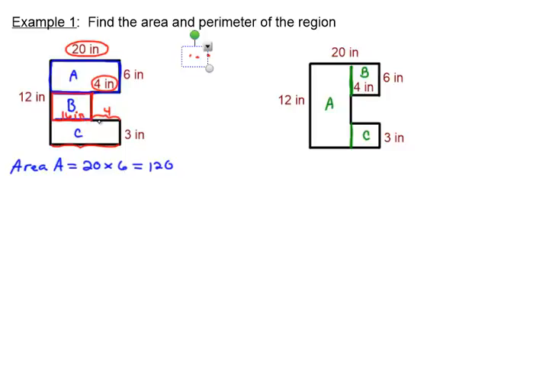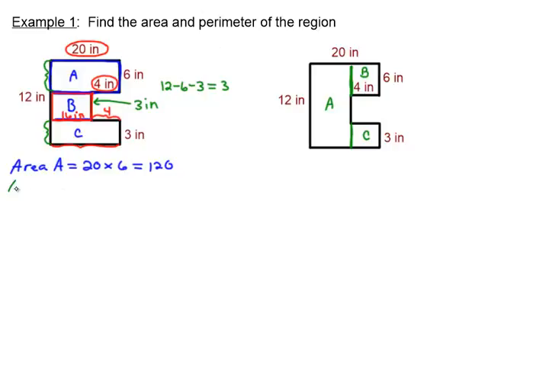So my length is 16. Now we're going to do the same for the height. The height is 12. But if I take away this piece, which is 6, and this piece, which is 3, 12 minus 6 minus 3 gives me 3. So this is 3 inches right there.